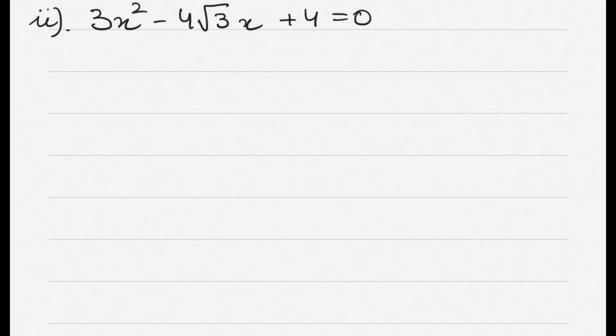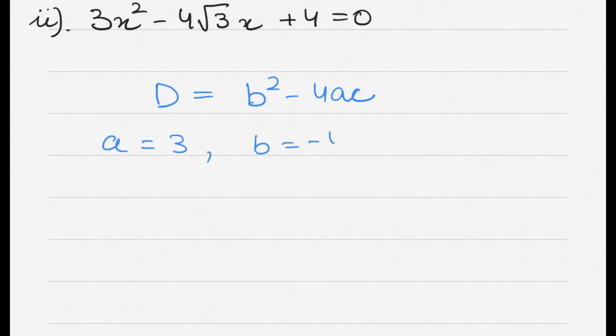Here also we have to find d, which is b square minus 4ac, my discriminant. Here a is equal to 3, b is equal to minus 4 root 3, and c is equal to 4. Let me substitute the values.